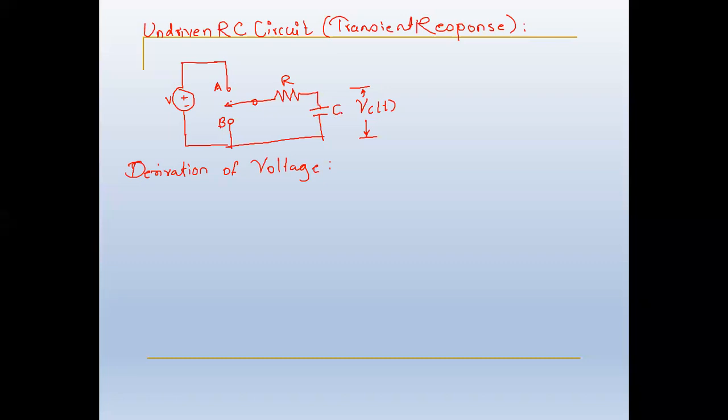Okay, let us call that voltage V volts, and let us denote the initial voltage across the capacitor as V, and after charging it is Vc of t.